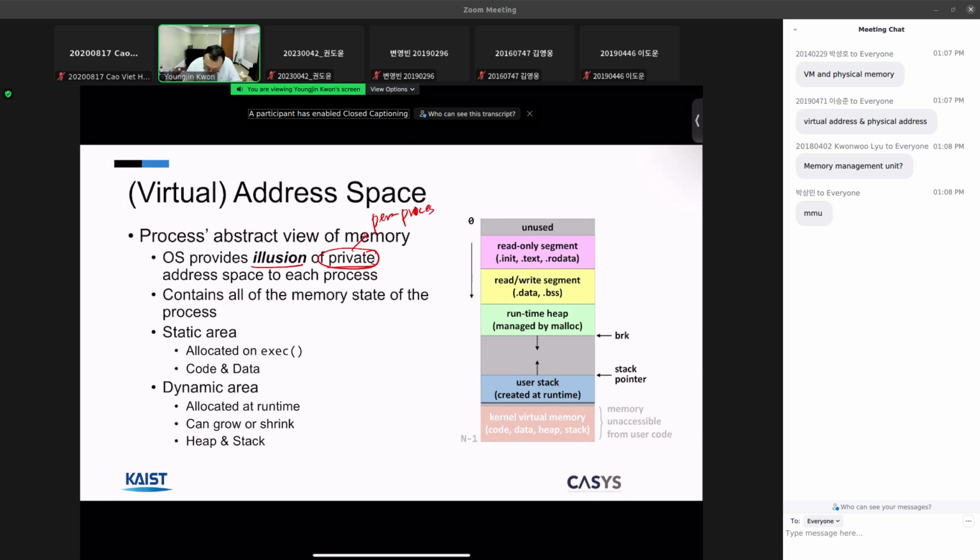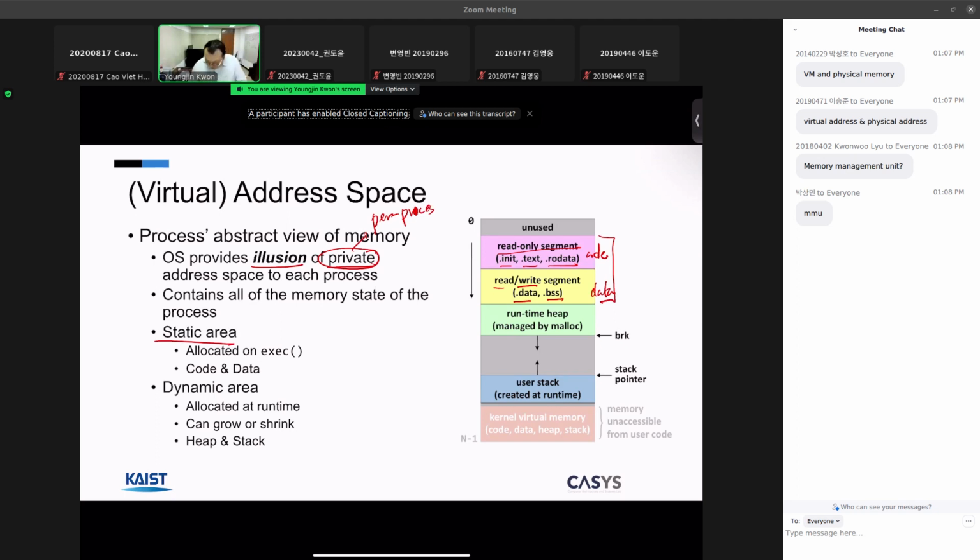The virtual address space typically consists of a read-only segment, which is init, text, and read-only data. Usually someone says this is the code section. Then there is a readable and writable segment, which is called data and BSS. Data and BSS are also simply called data. This section is also known as the static area.